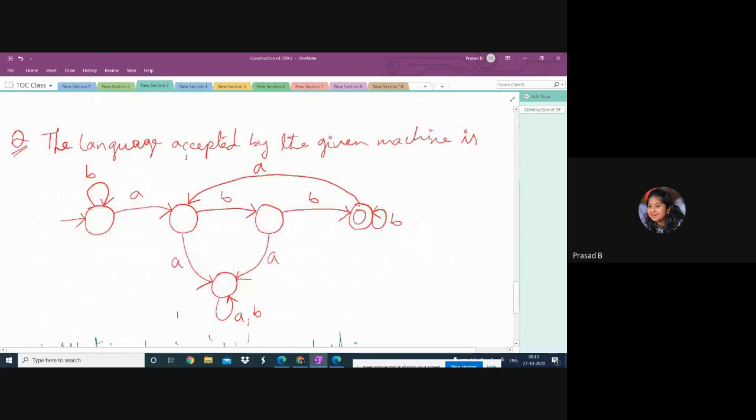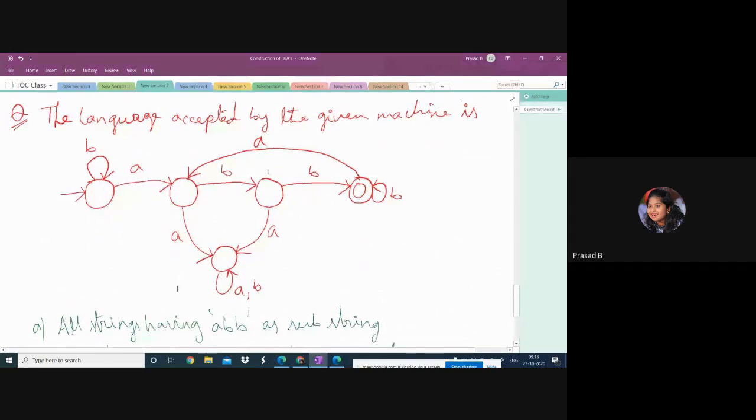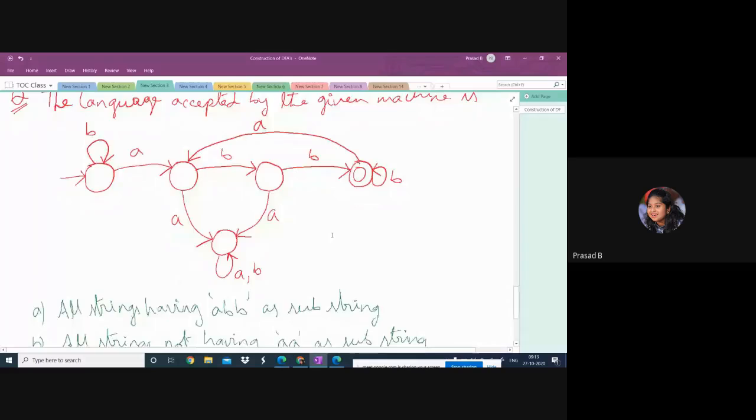The language accepted by the given machine is... First copy the machine, and the options I'll show you later. Copied. So copy these options first.